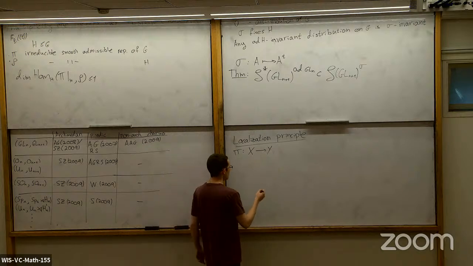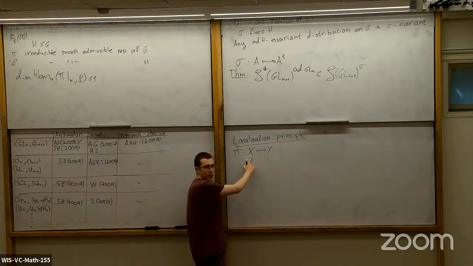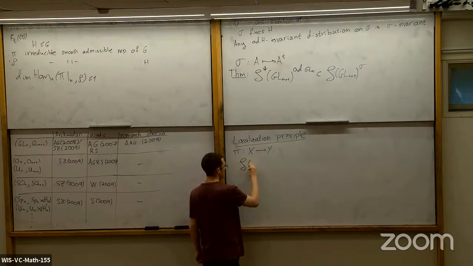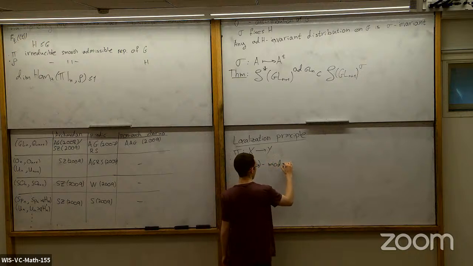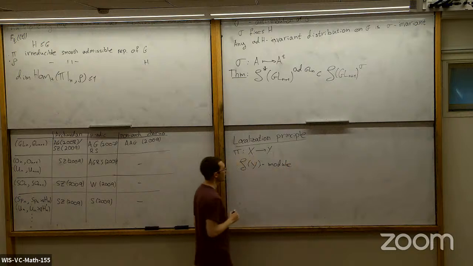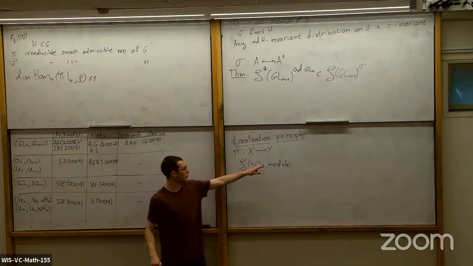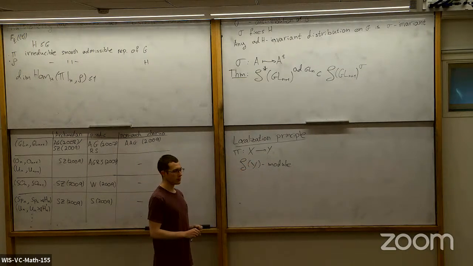We can consider distributions on X as an S(Y)-module, because we can pull back a Schwarz function from Y to X, and then multiply our distribution by that function.